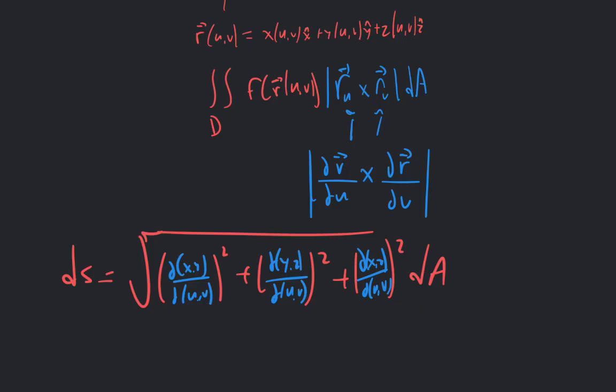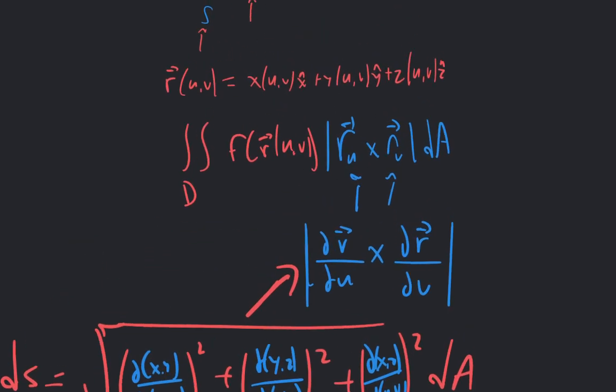Sometimes you'll see it written like that, and it is equivalent to taking the determinant of that. I think the best way to actually learn how to do this is to actually do an example.